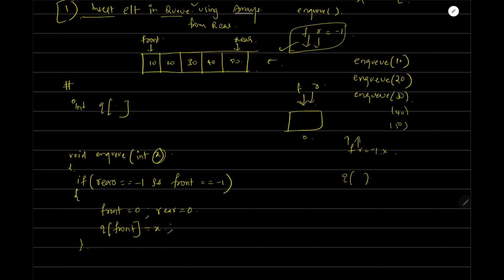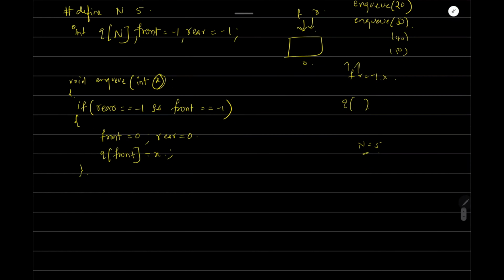Let's define n as 5. Define n 5 means that wherever we use n it will be replaced by 5. So int q of n is fine, and I am also initializing front to -1 and rear to -1. These are the global things.